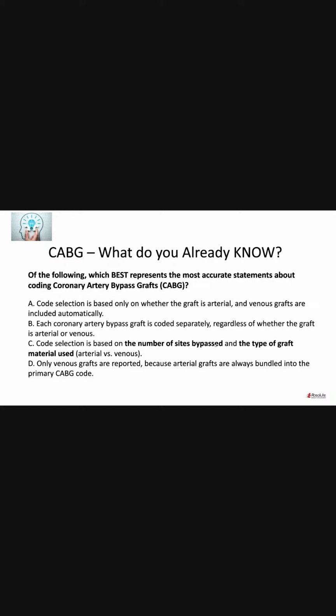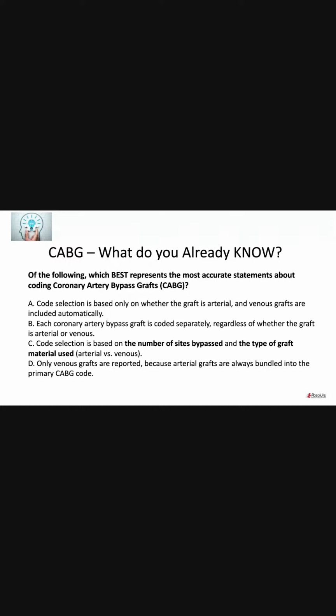Of the following, which best represents the most accurate statements about coding CABG? A, code selection is based only on whether the graft is arterial, and venous grafts are included automatically. B, each coronary artery bypass graft is coded separately regardless of whether the graft is arterial or venous.